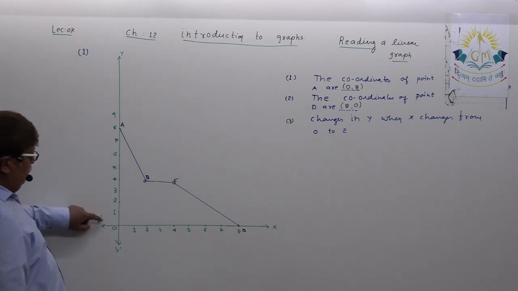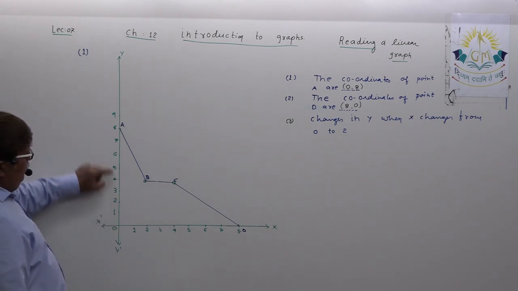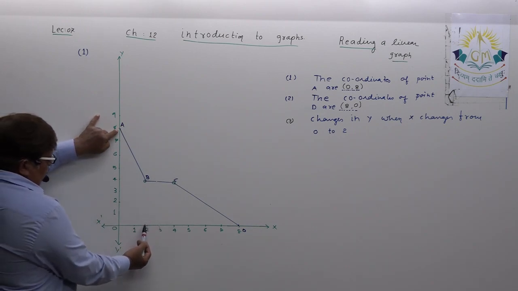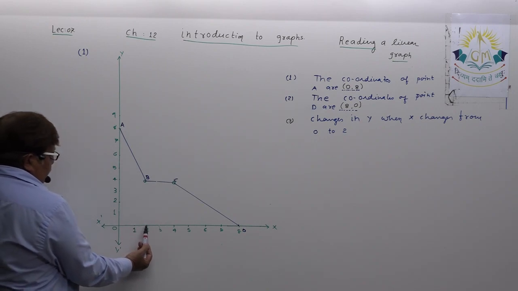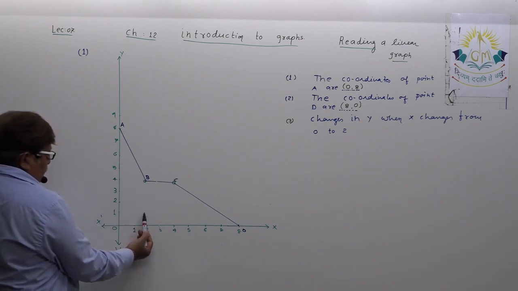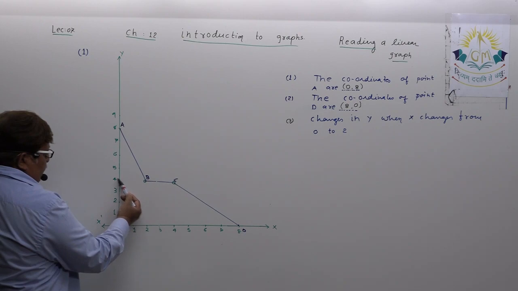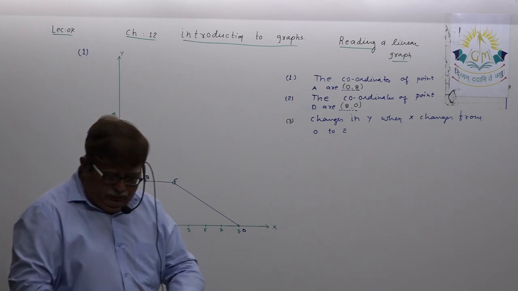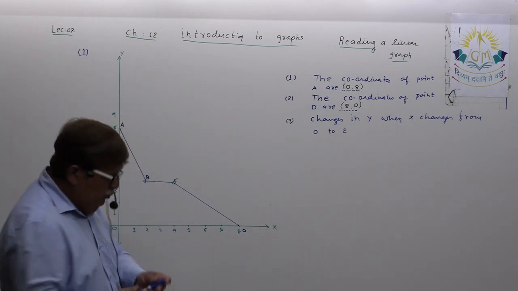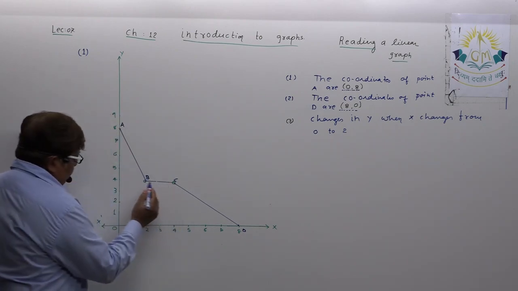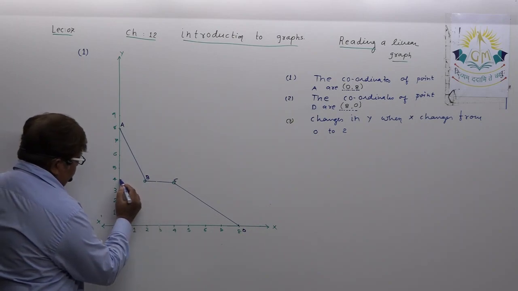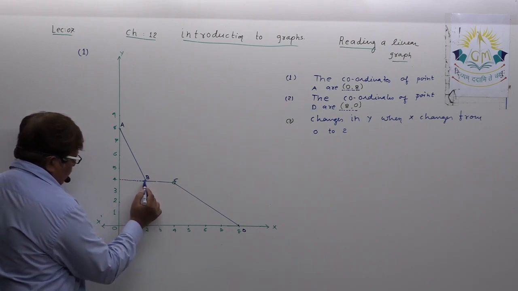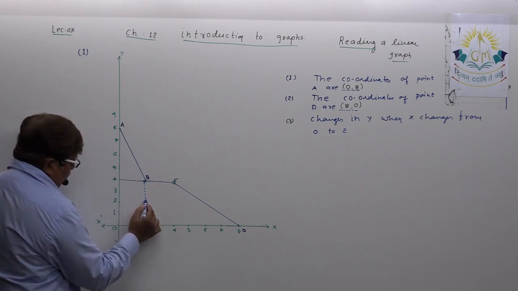You understood this? x is 0, y is 8. Now, when x is 2, what is the value of y? 4. You can understand this. If you still want to make it more sure, let me draw the dotted line for you so that you can understand it more properly. Okay.